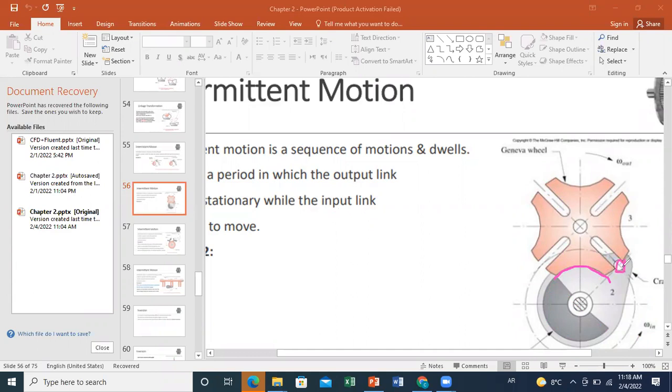Why? Because when this point will enter the slot and will move back and forth, now the contact line is along a line perpendicular to the radius. So this is your center, this is the radius. Now when this point will enter the slot, what will happen? The contact between the two is within this line or within the second line.